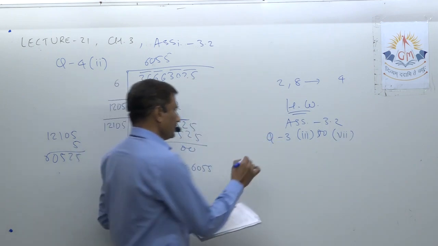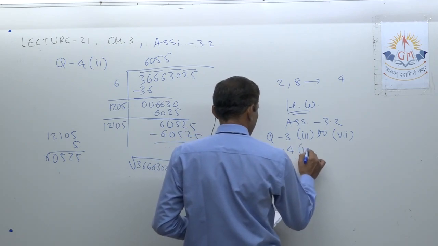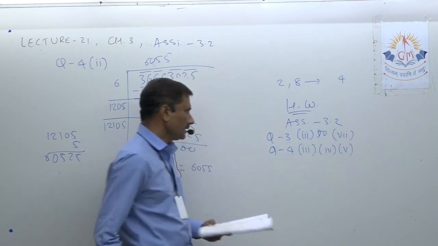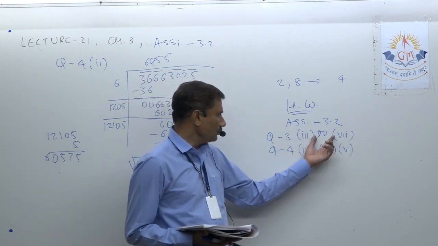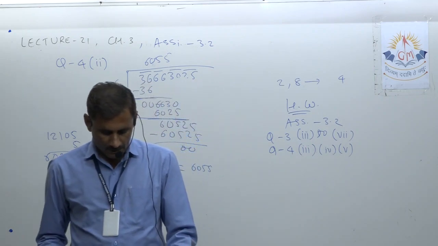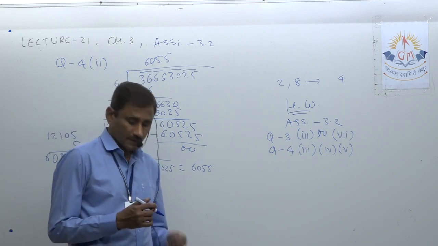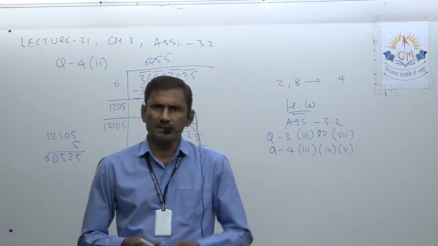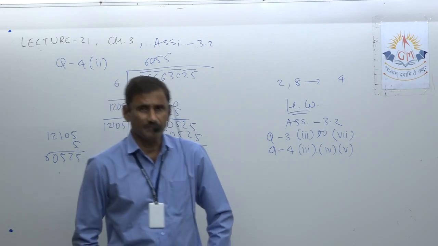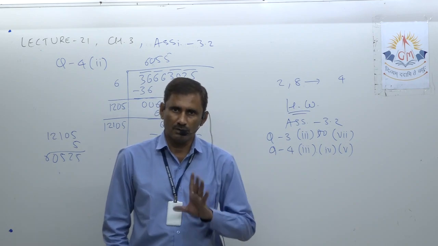And question number 4, it will be 3, 4, 5, and so many are there. There are 5 plus 3, 8 sums. But almost they are the same type, and practice well, as I have told you the importance of this method. I don't want to repeat it, but it is important at all.